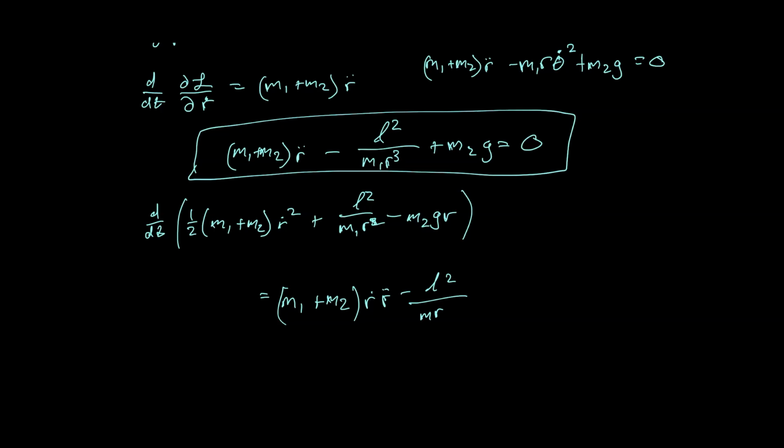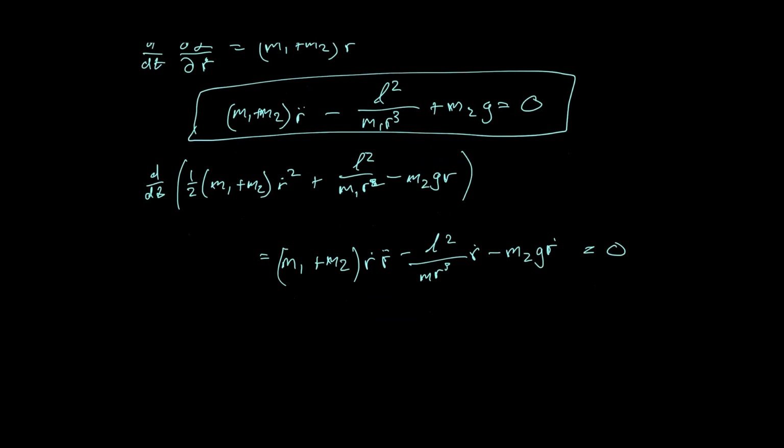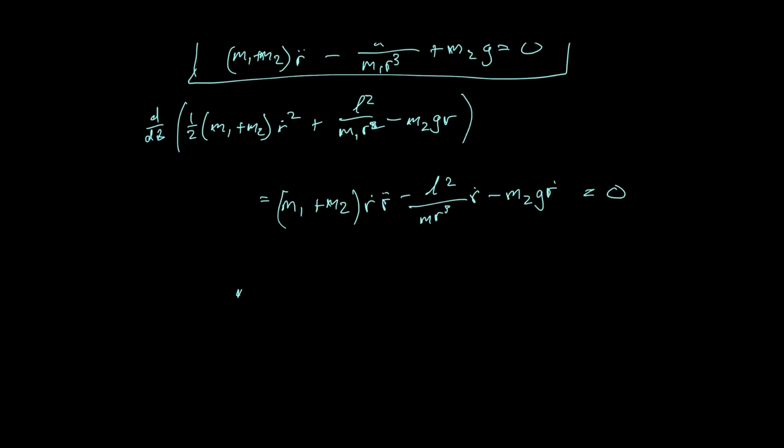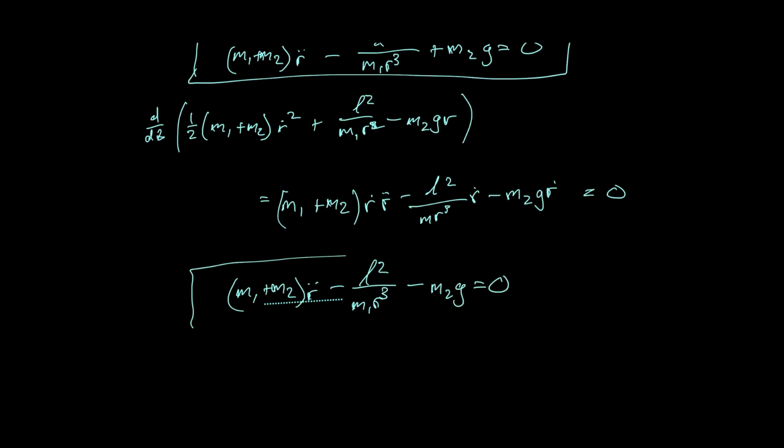Did I cube it too early? Okay. R cubed r dot minus m2g r dot equals 0. And so you get (m1 plus m2) r double dot minus L squared over m1 r cubed minus m2g equals 0.